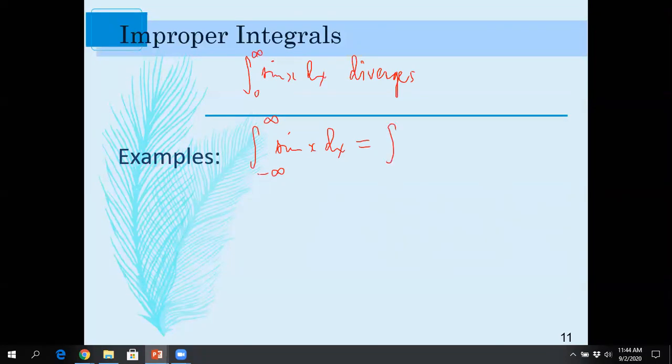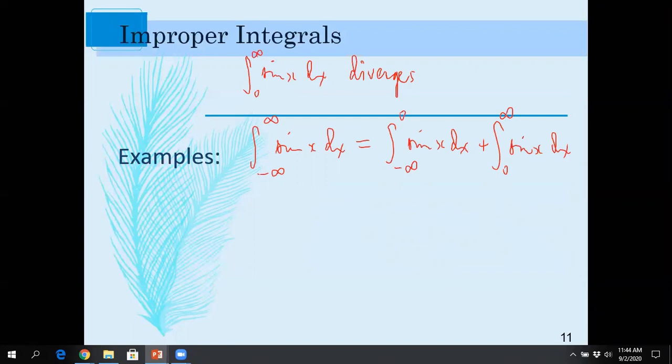Because if I break this up into the integral from negative infinity to 0 of sine x dx plus the integral from 0 to infinity of sine x dx, the divergence of the second integral makes the entire thing diverge. It's like the spoiled apple in the barrel that spoils the whole bunch.